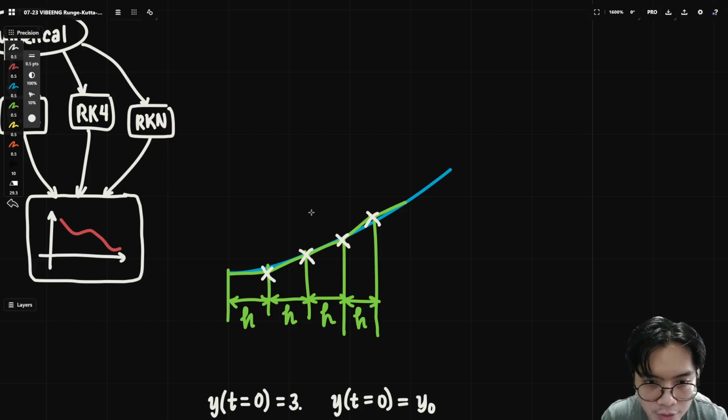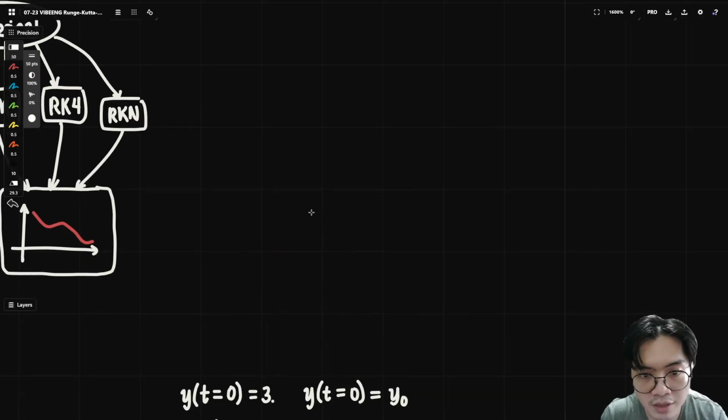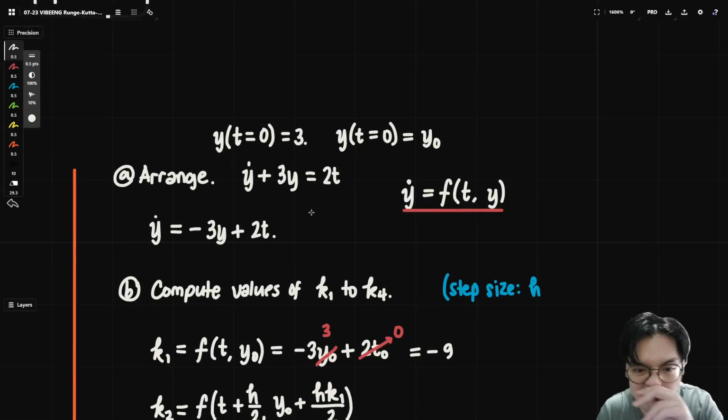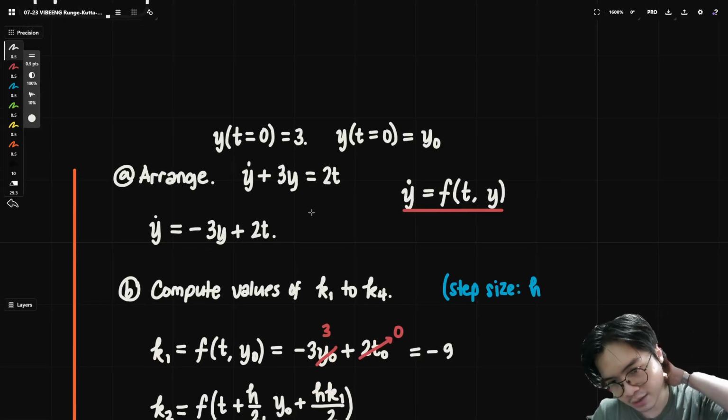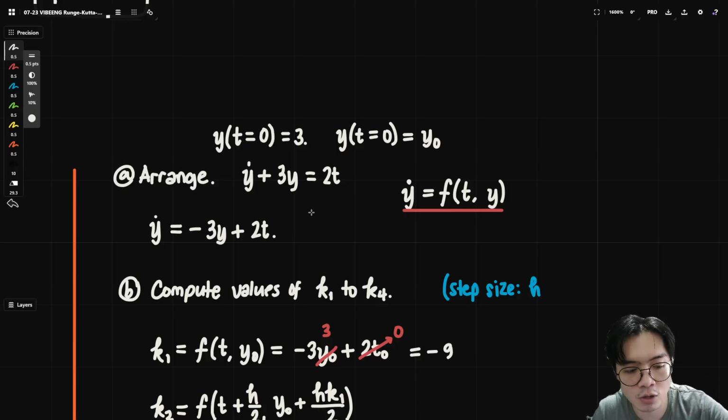But also the trade-off is that the smaller the step size, the more iterations that you will need to compute the motion of something, the position of something. So there's always going to be a trade-off here. How do you alleviate that trade-off somewhat? Usually, hindi RK4 ang ginagamit. Usually, if you want a very simple, very easy method, it's what we call Euler's method.